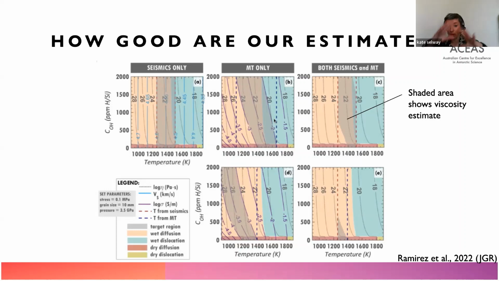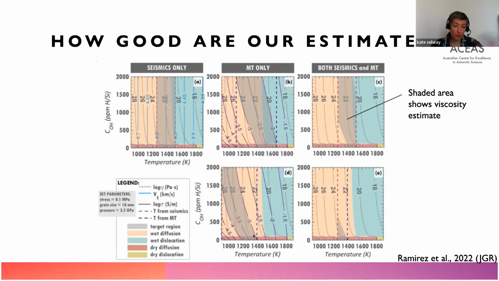With that, we would have this grey shaded region, which corresponds to a region of viscosity that we could possibly have. When we combine them, that shaded region basically decreases in size. So we've decreased the range of viscosities that are possible with those two data sets.